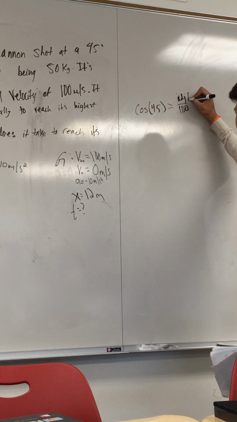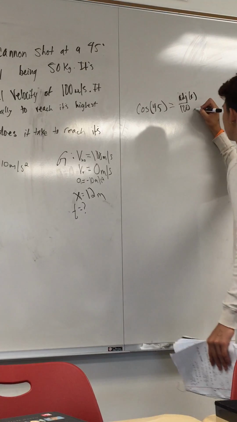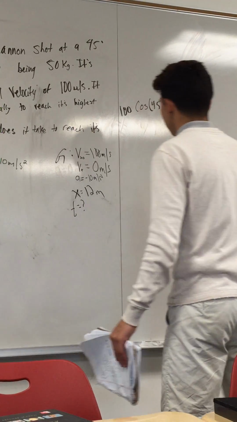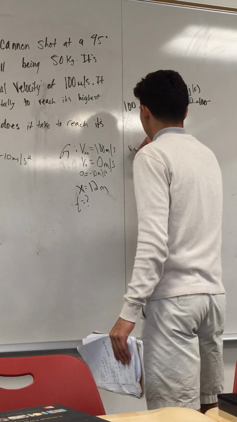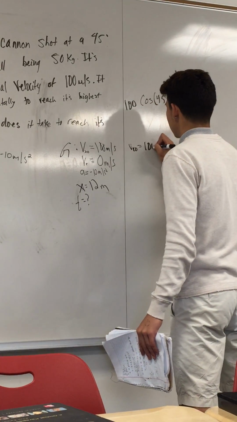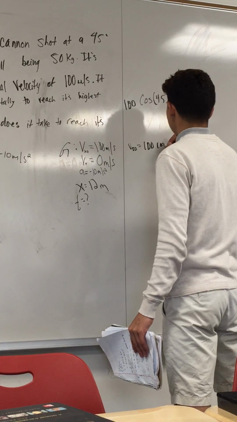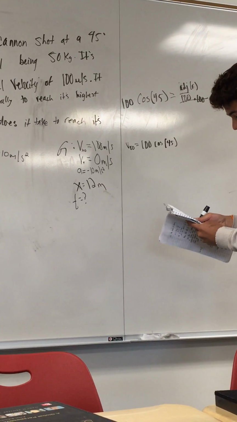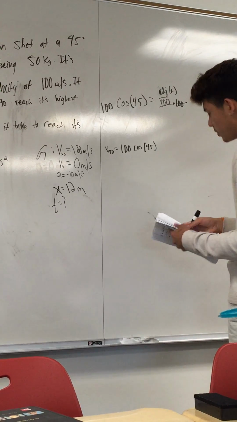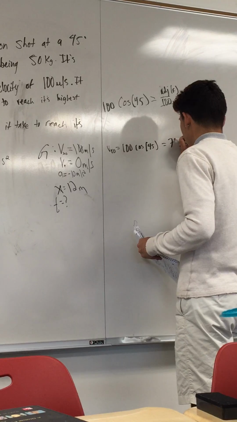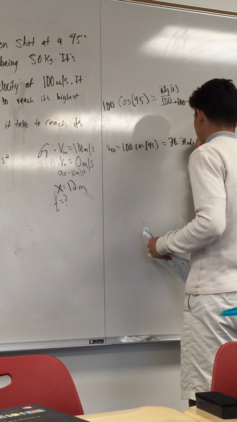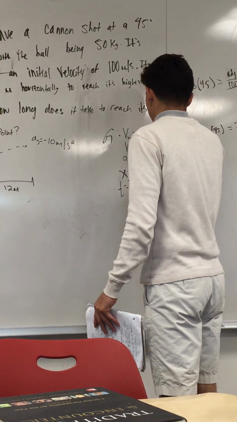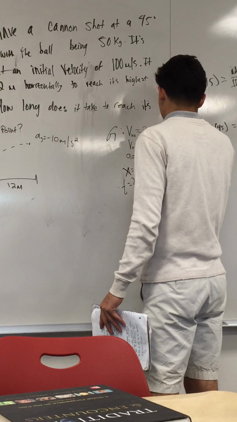So to get the adjacent, which is in the x direction, we multiply times 100 on both sides. So our initial velocity is 100 cosine 45, which ends up being 70.71 meters per second. So now we can take this out and put that it's 70.71 meters per second.